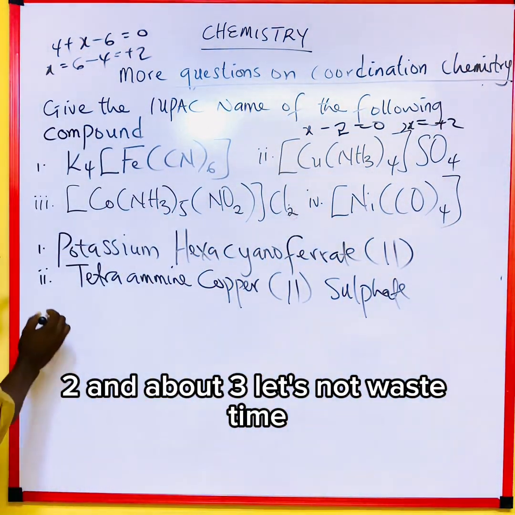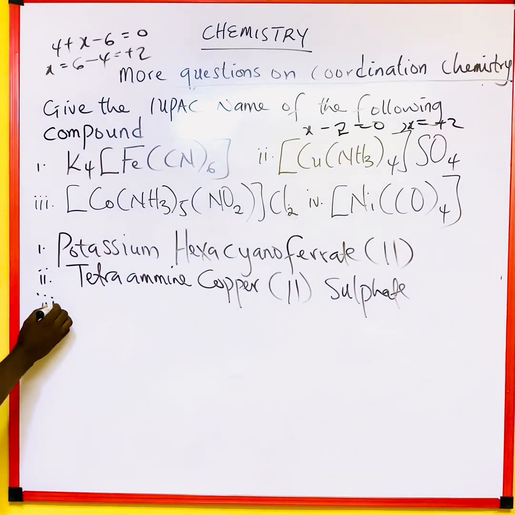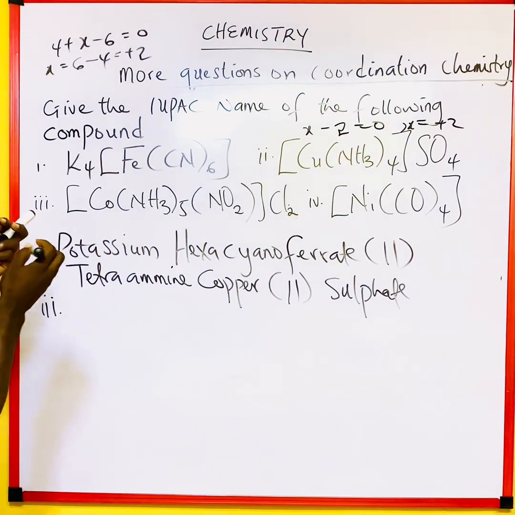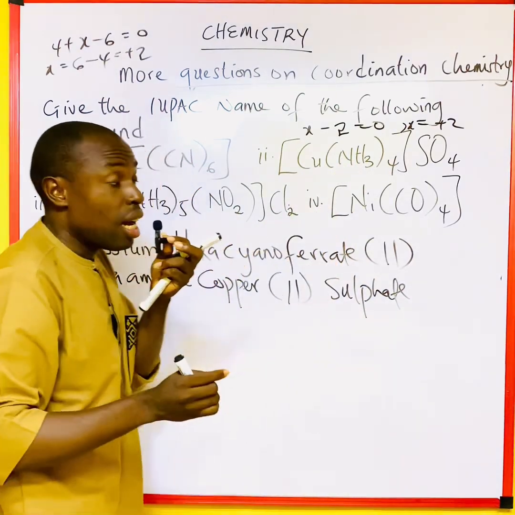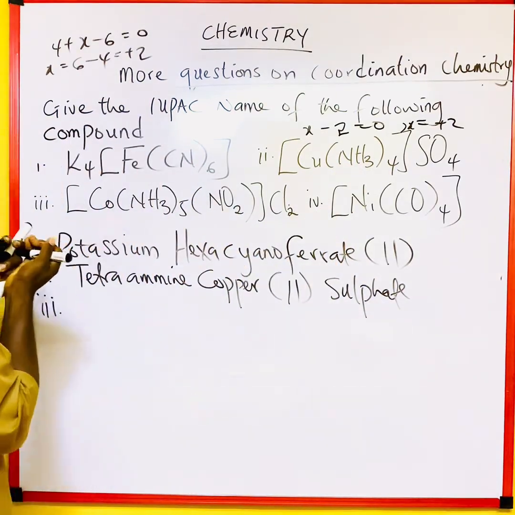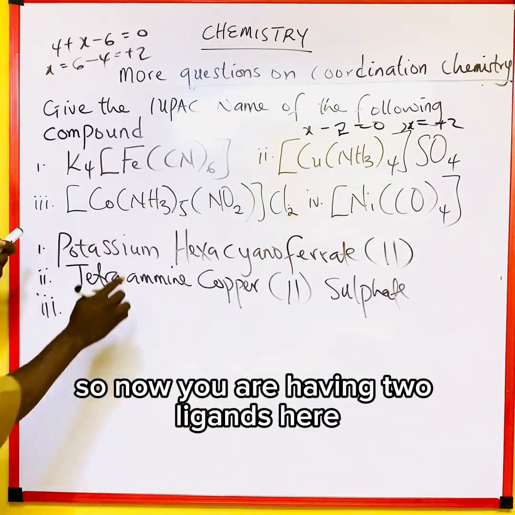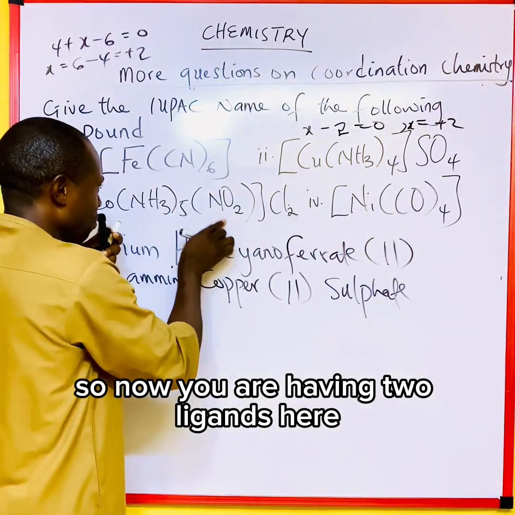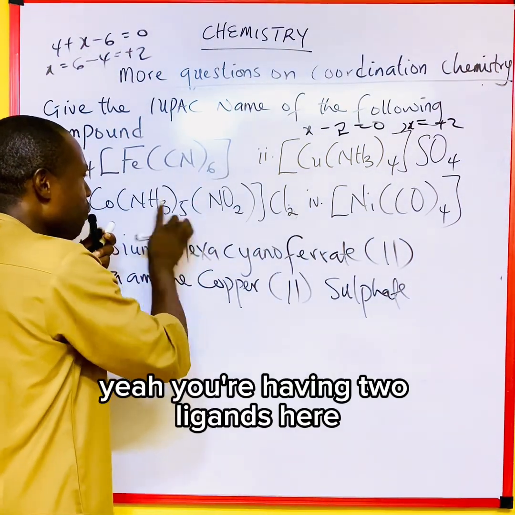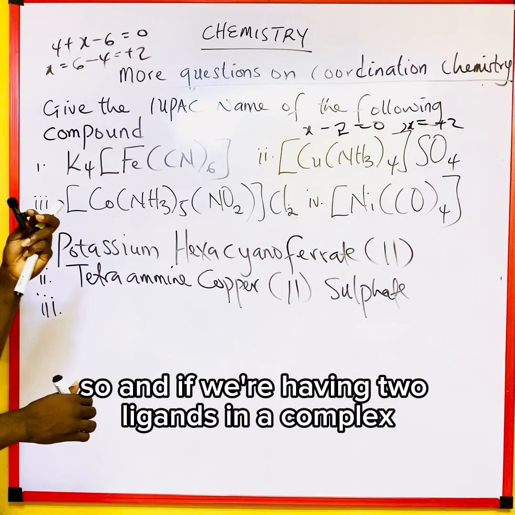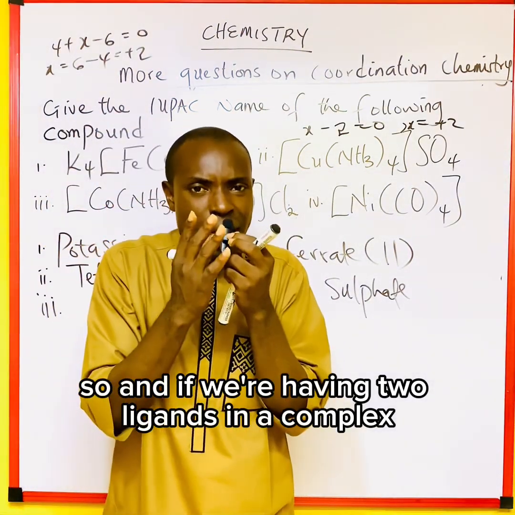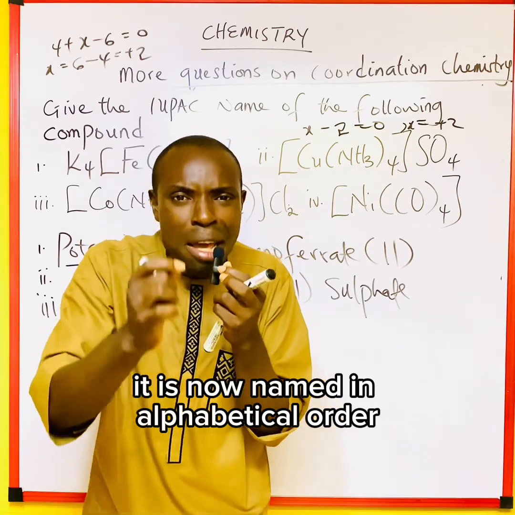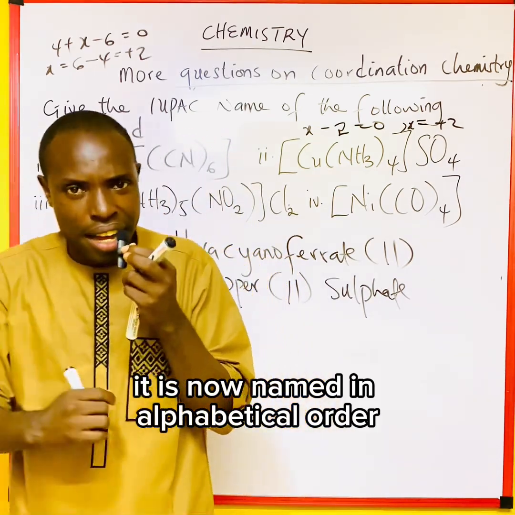So here is also 2. And about 3. Let's not waste time. Now, this is also a positive complex with a negative charge. So now you are having two ligands here. And if we are having two ligands in a complex, they are named in alphabetical order.